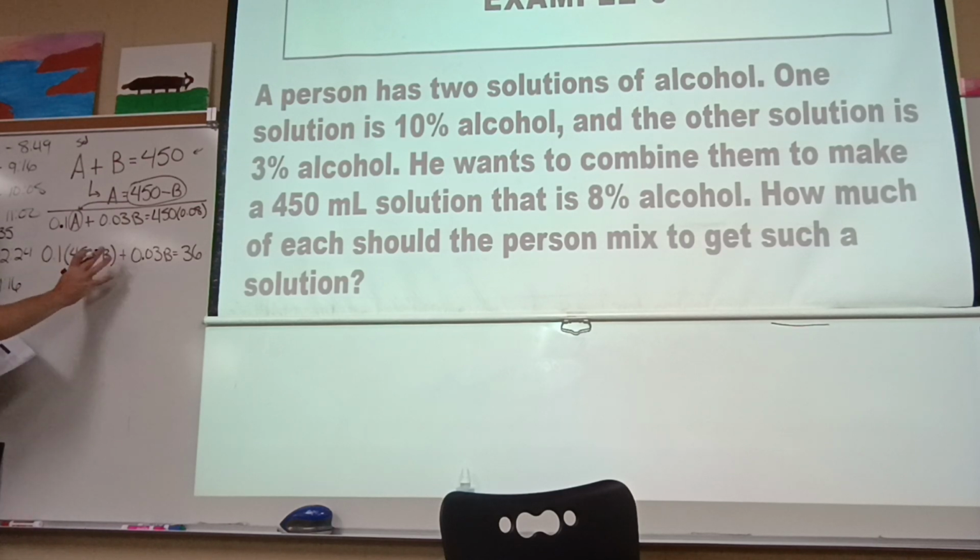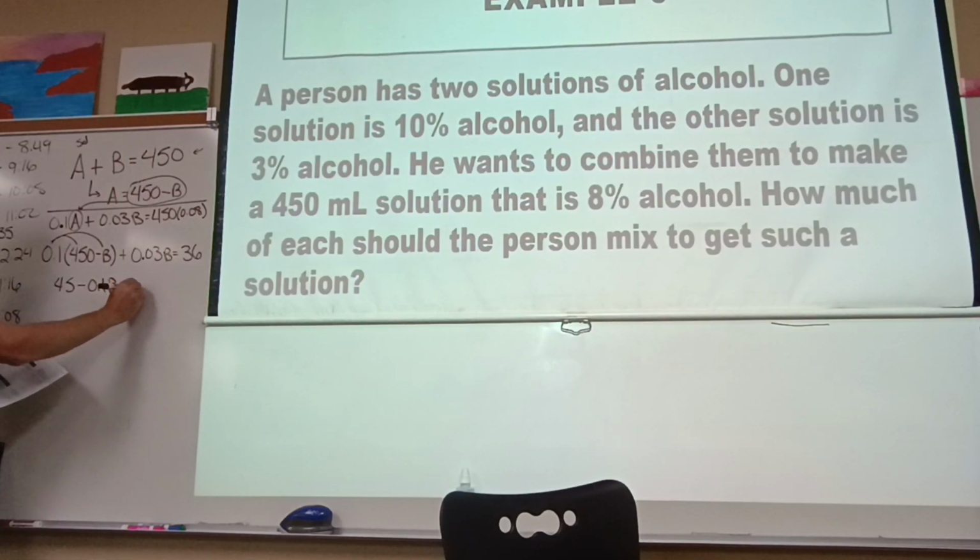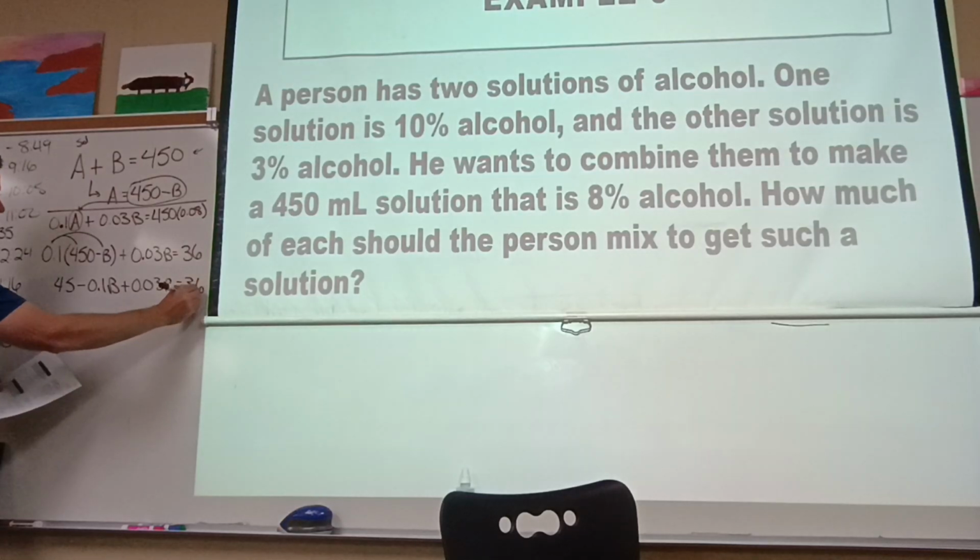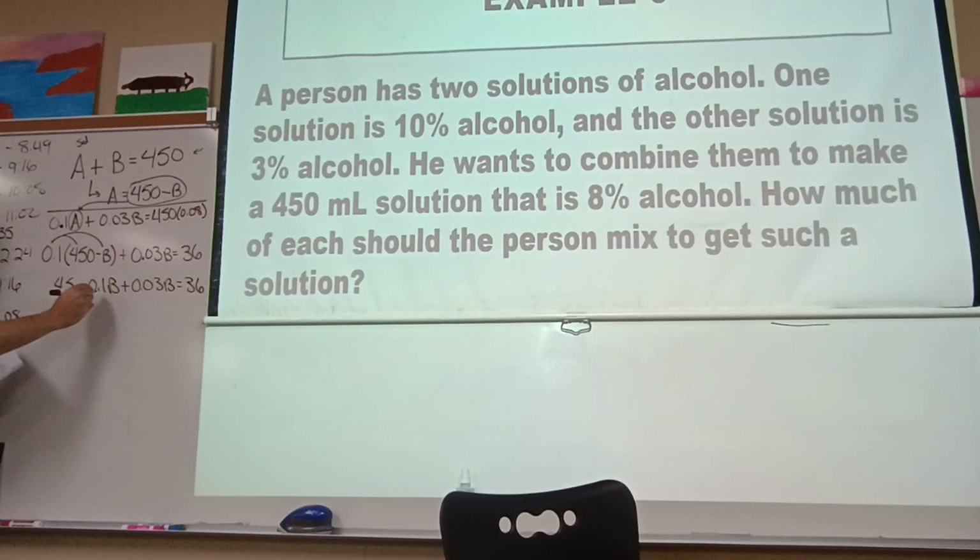All right, now from here I'm going to solve it. So I'm going to distribute. That's 45 minus 0.1b plus 0.3b is 36, right? Combine like terms.